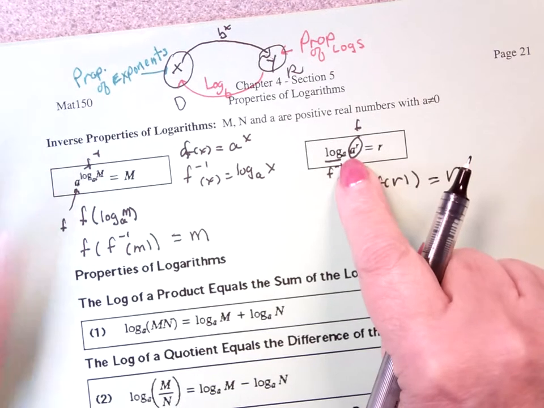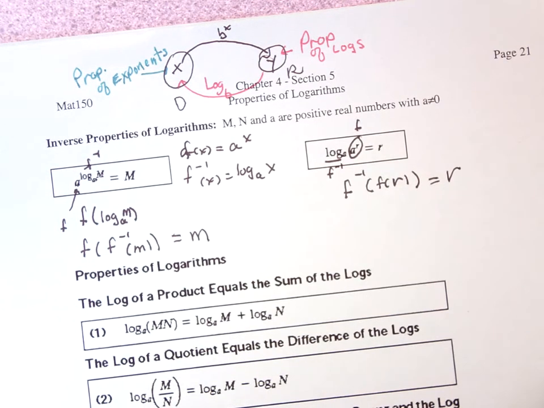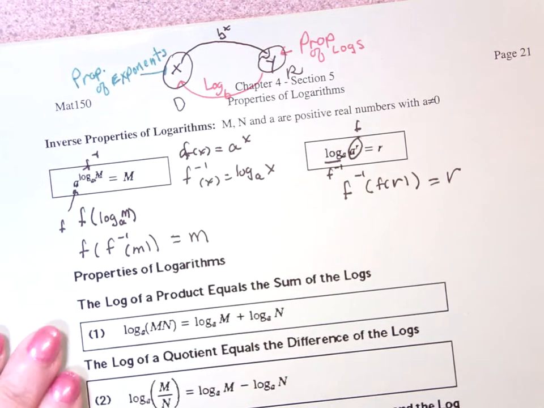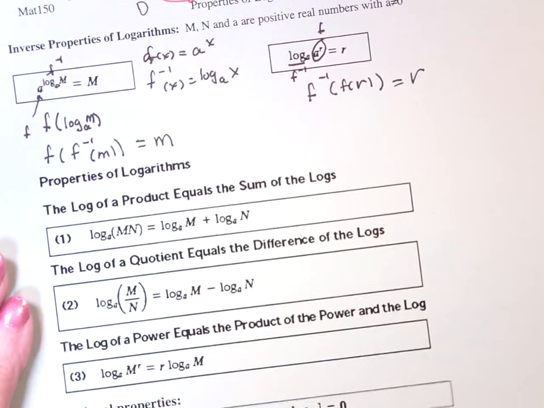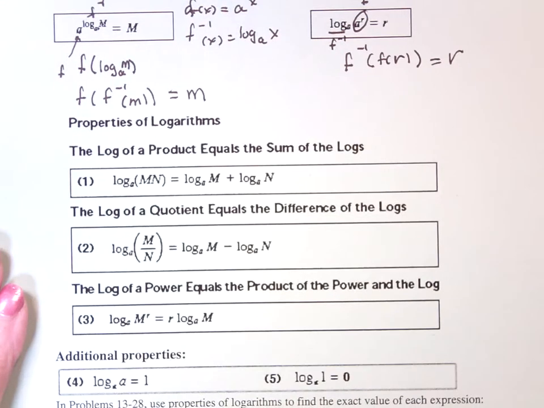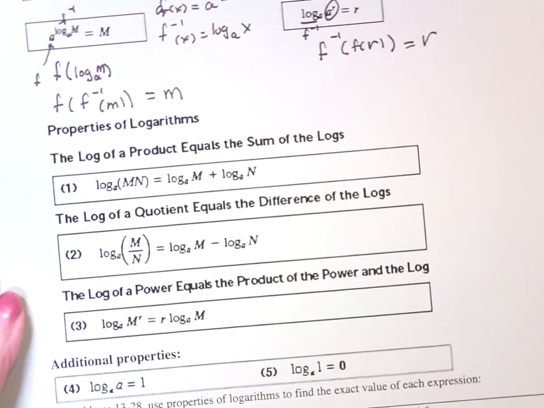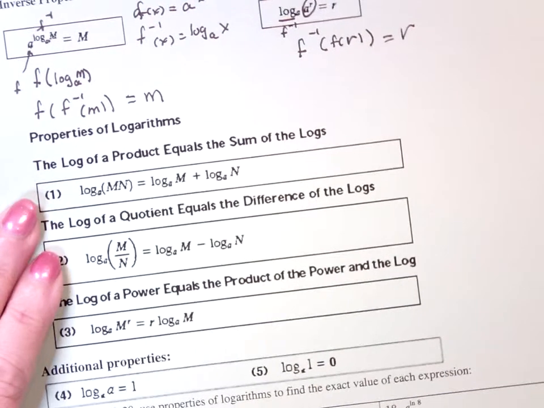This one we use much more frequently. So it's the inverse properties of logarithms. The big properties that we're going to be using, and these are the big four, and they relate to the properties of exponents.